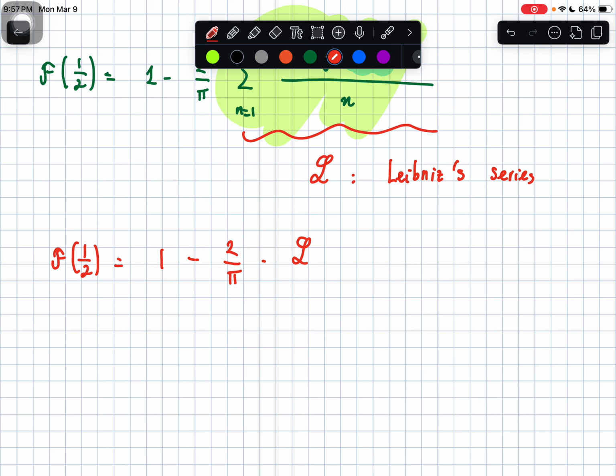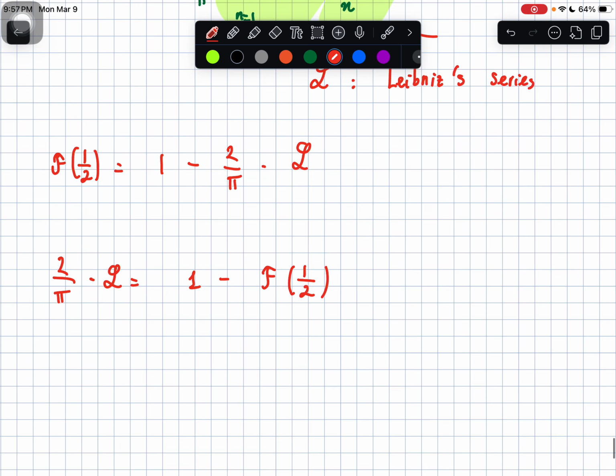So bring 2 over pi times L to the left and bring the Fourier series to the right. 2 over pi L equals 1 minus f of 1/2. L equals pi over 2 times 1 minus f of 1/2.